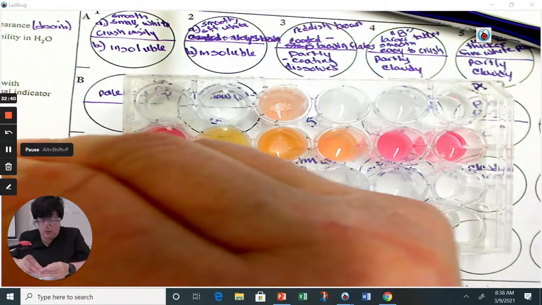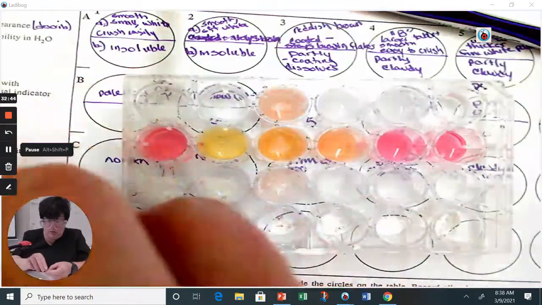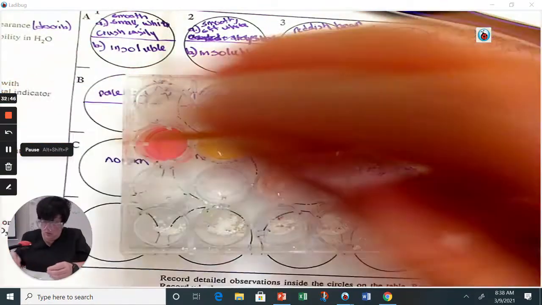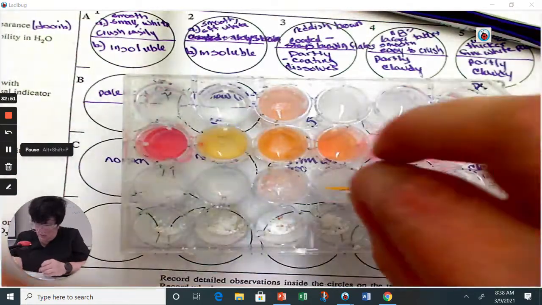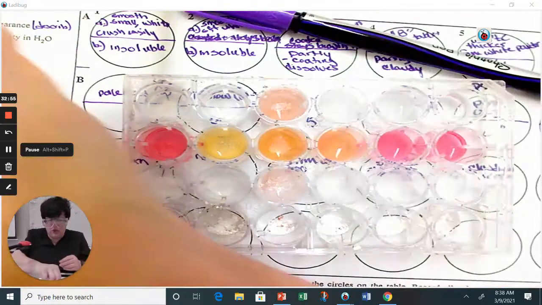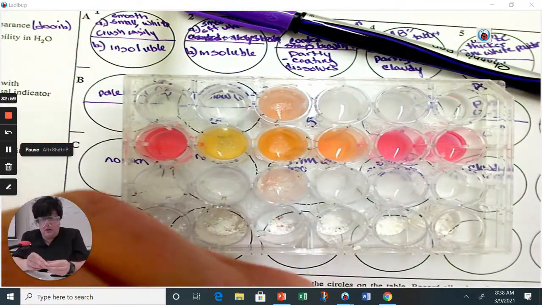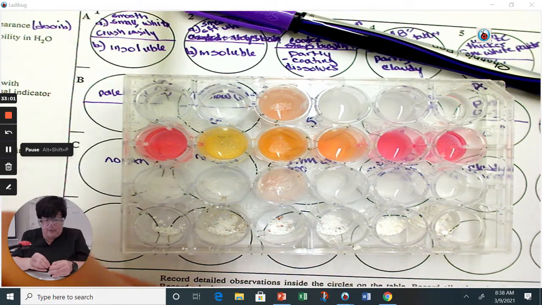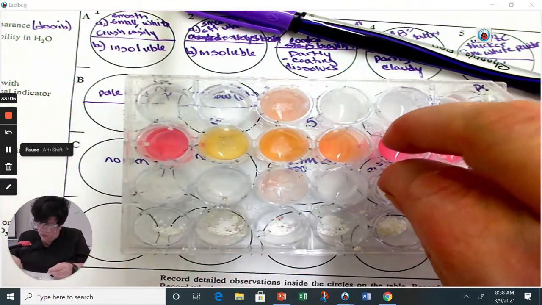That's the first one. Second one, that's a pH of 1. Third, that's a pH of 1. This is the one, well, does it have a different pH? Not really, and it should, but I think it's just I don't have very much material in there. So I think all of these are going to be a pH of 1.